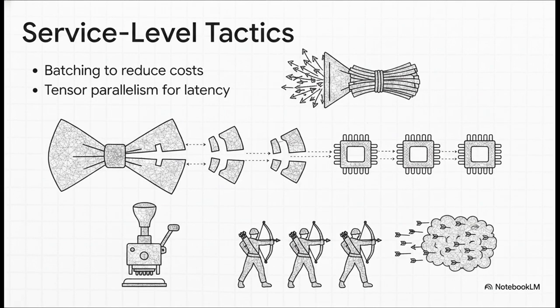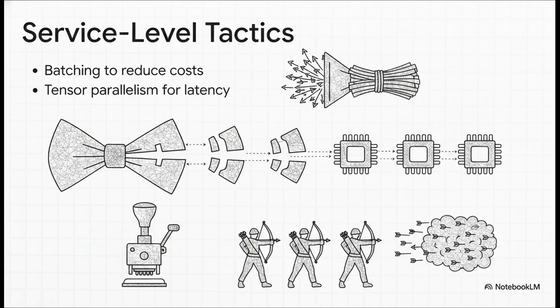And overseeing all of this is the service-level optimization, the refined shooting process from our archery metaphor earlier. The inference service manages resources dynamically. Instead of basic, old-school batching, modern services use continuous batching. They inject new requests into the batch the exact moment one finishes, which drastically reduces idle time.